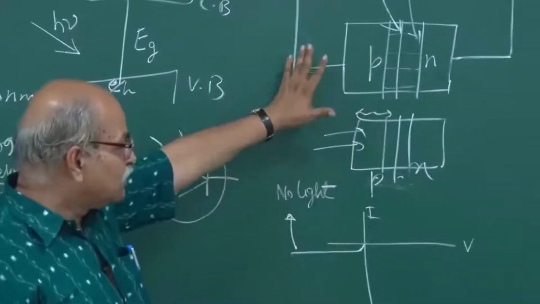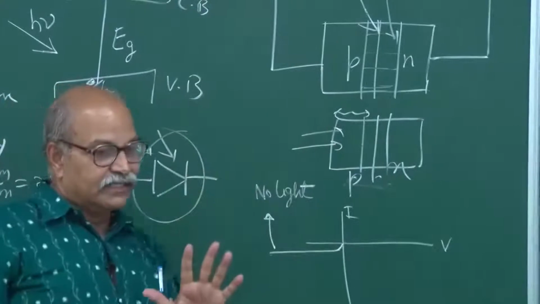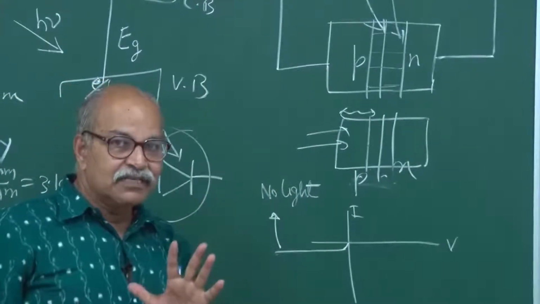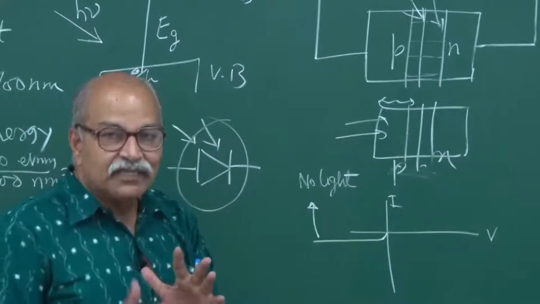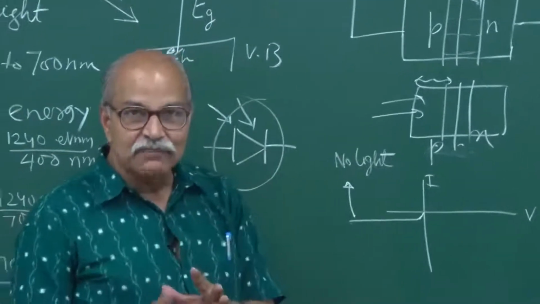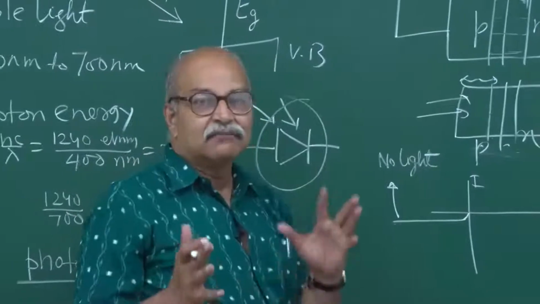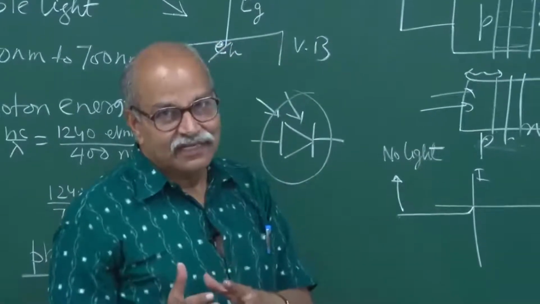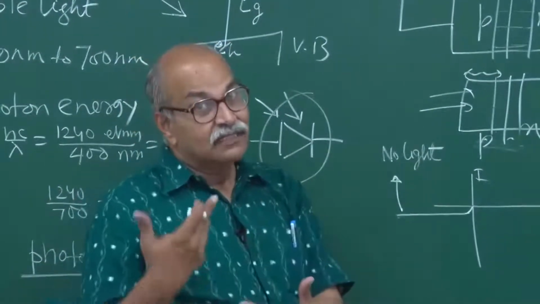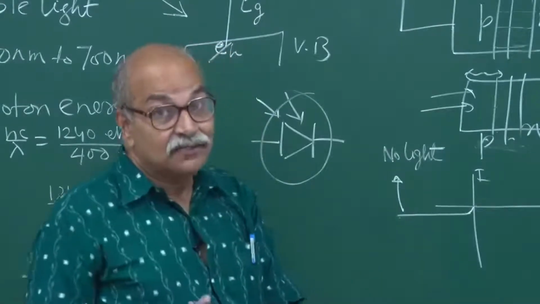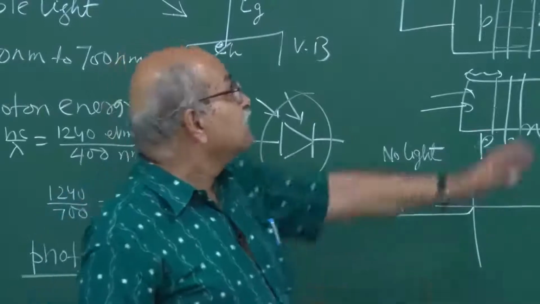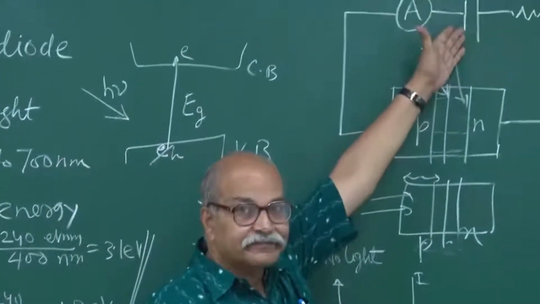So if you shine light of a certain intensity, meaning a certain energy falling per unit area, that means a certain number of photons depending on the wavelength, falling on that area, and therefore a certain number of extra electron holes being produced, and this is in reverse bias.